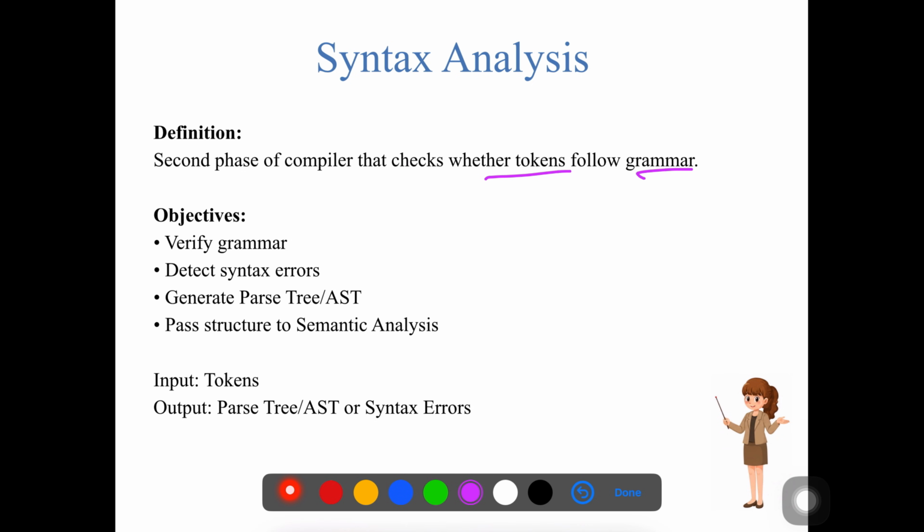The main objective is to verify the grammar, detect the errors, build the parse tree and abstract syntax tree, and pass the structure to the next phase, that is semantic analysis. Example: the input is tokens and the output will be the parse tree or syntax errors.